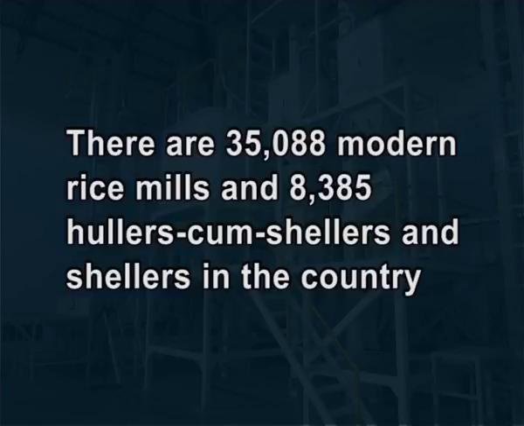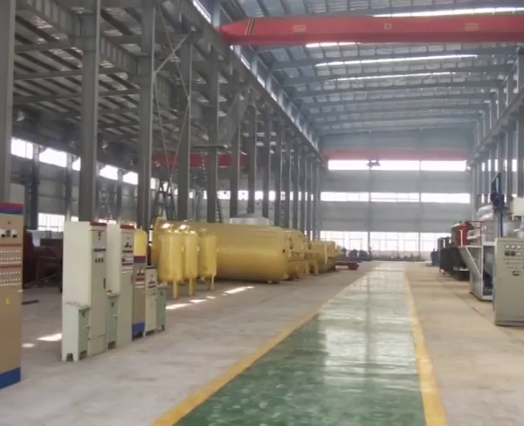There are 35,088 modern rice mills and 8,385 hullers-cum-shellers and shellers in the country. The industry believes that rice bran oil production could multiply in the coming years if more awareness could be generated about its nutritional properties.